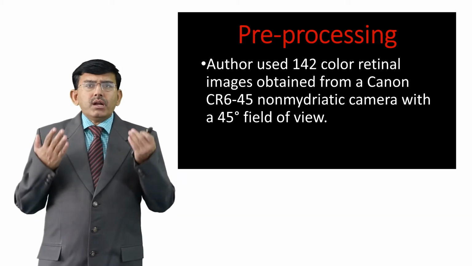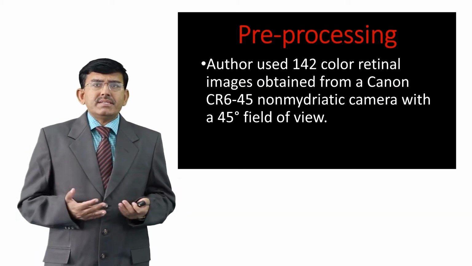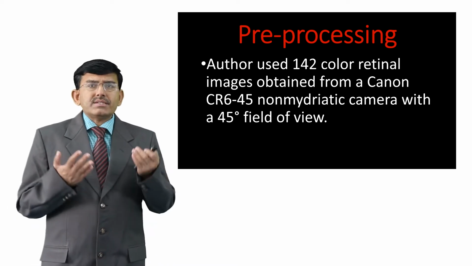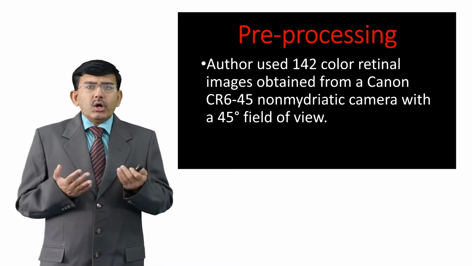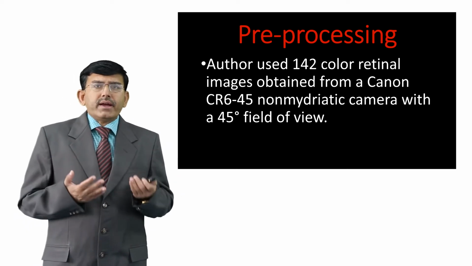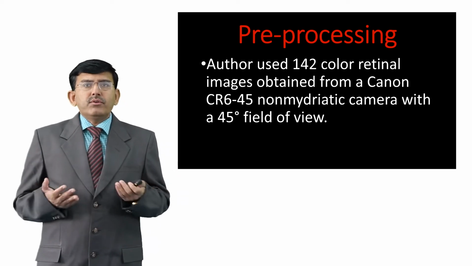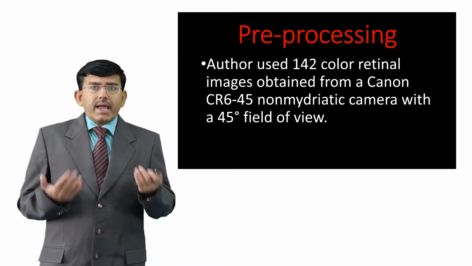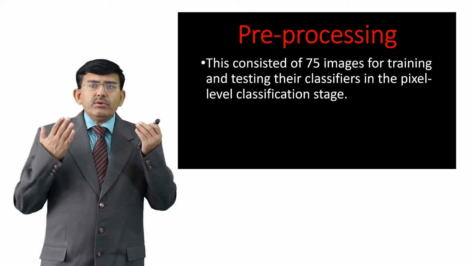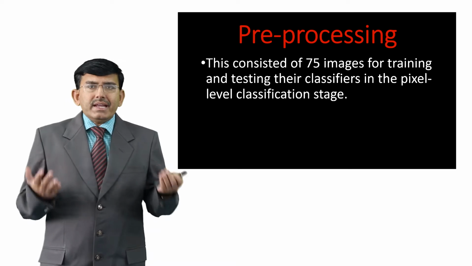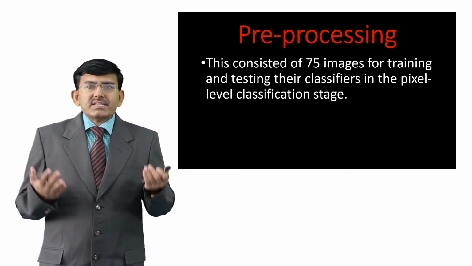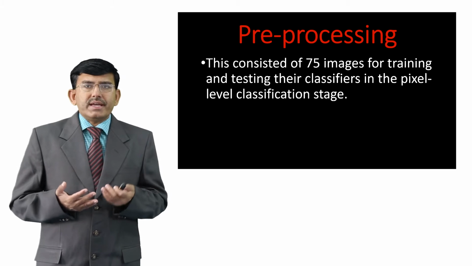The author used 142 color retinal images obtained from a Canon CR645 non-mydriatic camera with a 45-degree field of view for data acquisition. This consisted of 75 images for training and testing their classifier in the pixel level classification stage.